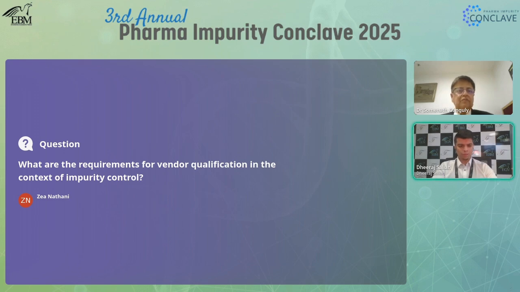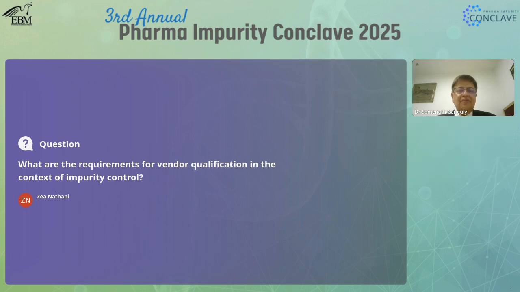Okay, so we move on to the next question: what are the requirements for vendor qualification in the context of impurity control? A little bit of elaboration is required. What do you actually mean?